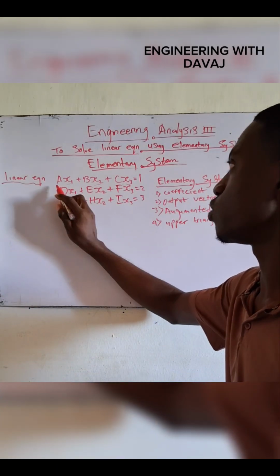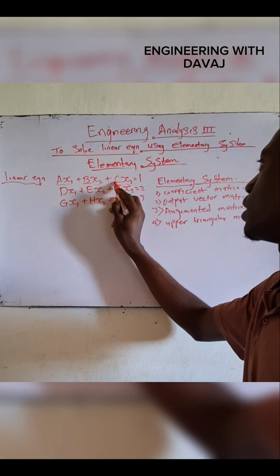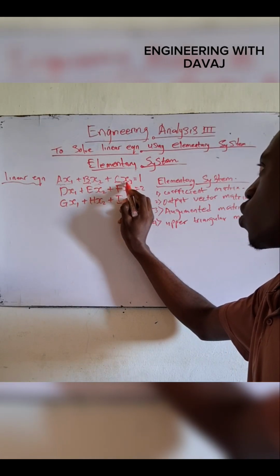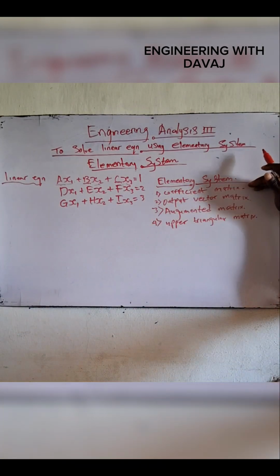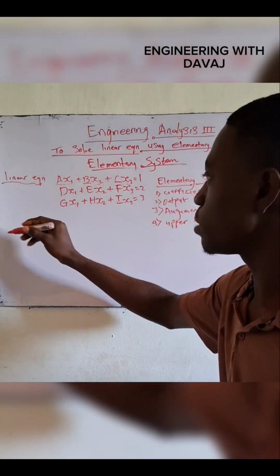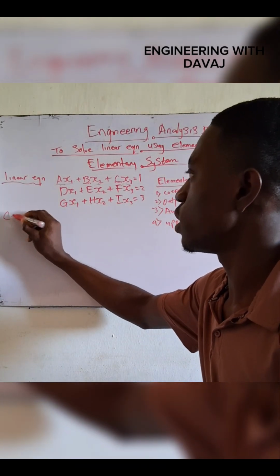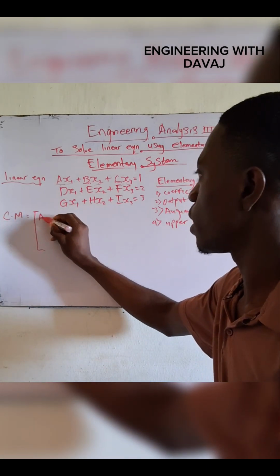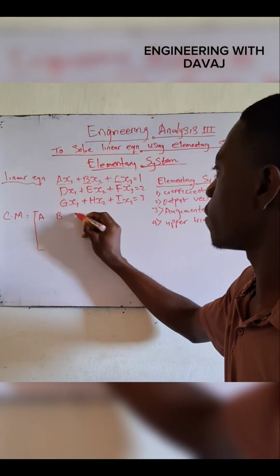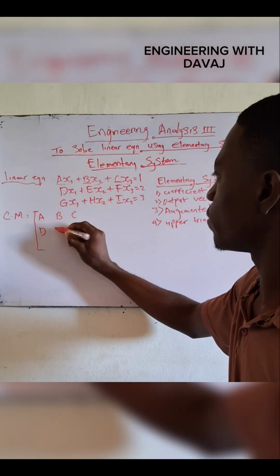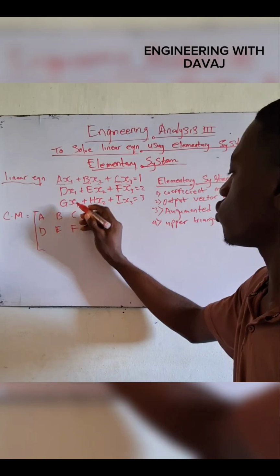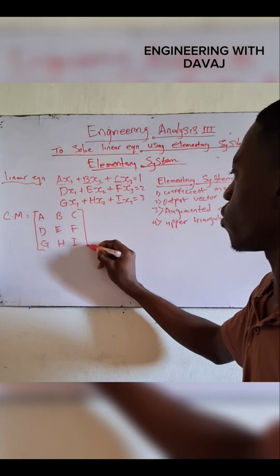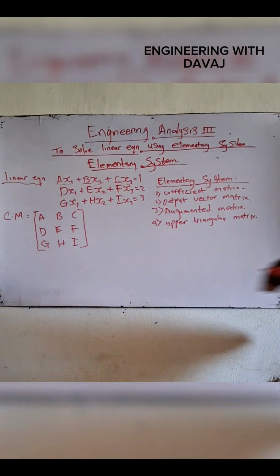The coefficient of x1 is A, the coefficient of x2 is B, the coefficient of x3 is C. So we are going to write out the coefficient matrix in this form: A, B, C, D, E, F, and also G, H, and I. These are the coefficient matrix.